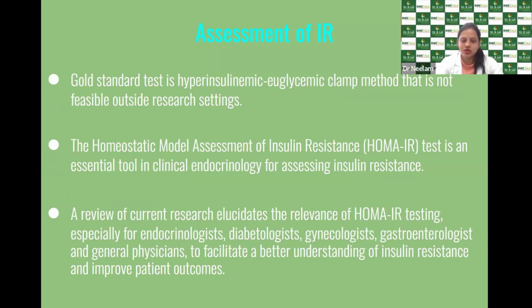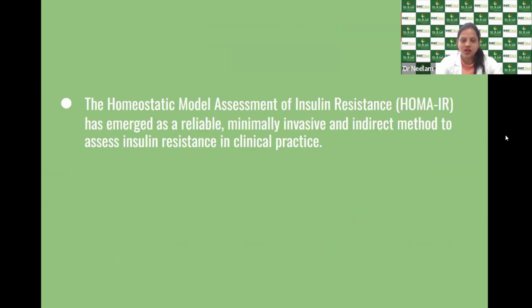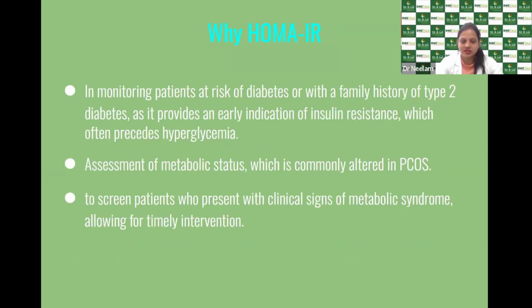It is an essential tool in clinical endocrinology for assessing insulin resistance, especially for endocrinologists, diabetologists, gynecologists, gastroenterologists, and general physicians to facilitate a better understanding of insulin resistance and improve patient outcomes. It is a reliable, minimally invasive, and indirect method to assess IR in clinical practice.